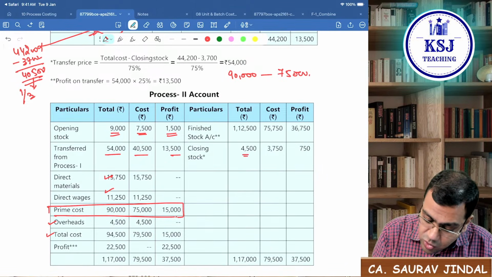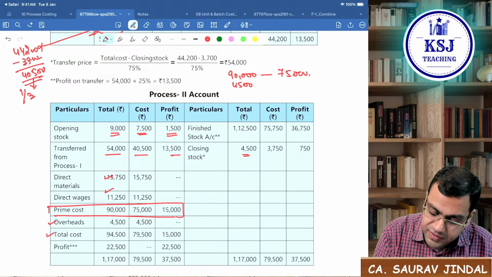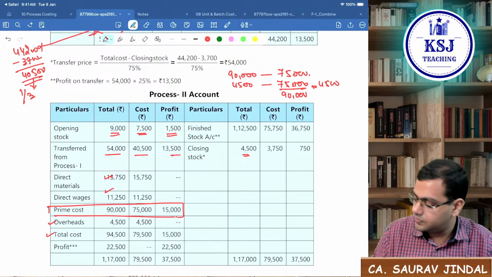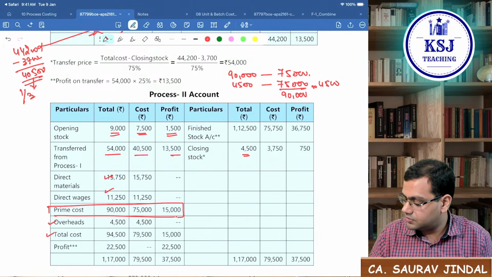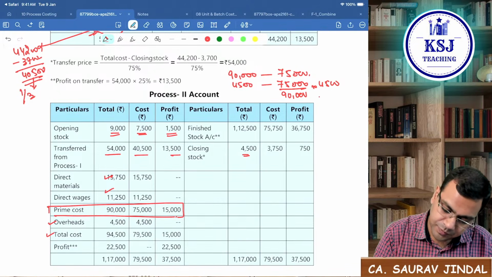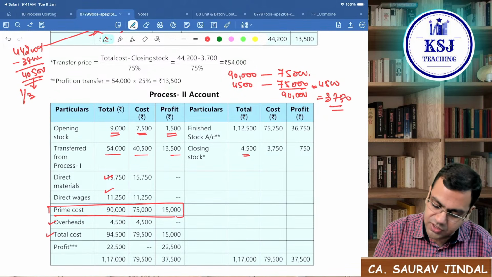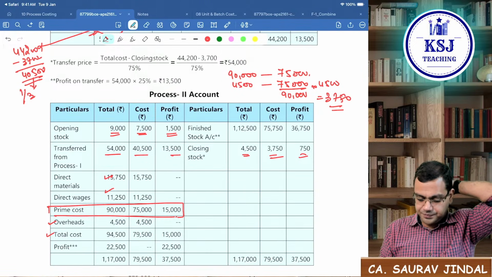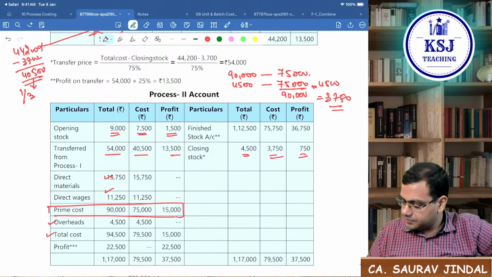If the closing stock total value is 4,500, what will be your cost? 75,000 divided by 90,000 into 4,500. That comes to 3,750. So this is the cost element and this is the profit element. Is that clear?